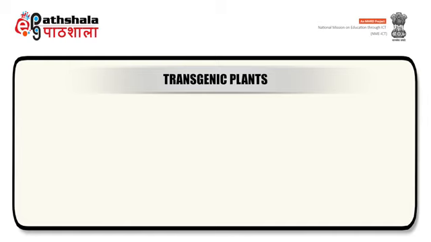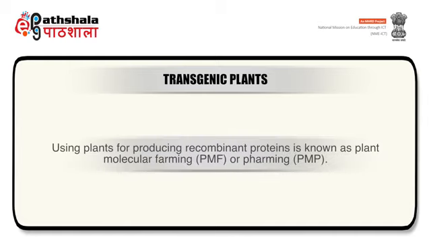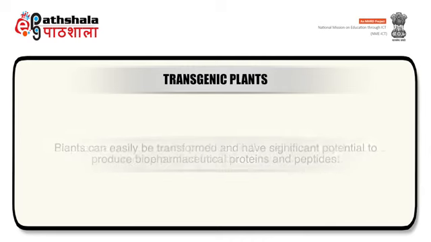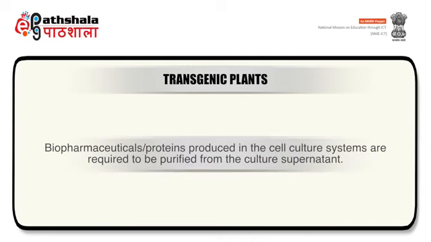The last system to be discussed here is transgenic plants. Using plants for producing recombinant proteins is known as plant molecular farming or pharming. Plants can easily be transformed and have significant potential to produce biopharmaceutical proteins and peptides. As discussed in the above sections, biopharmaceuticals or proteins produced in cell culture systems are required to be purified from the culture supernatant.